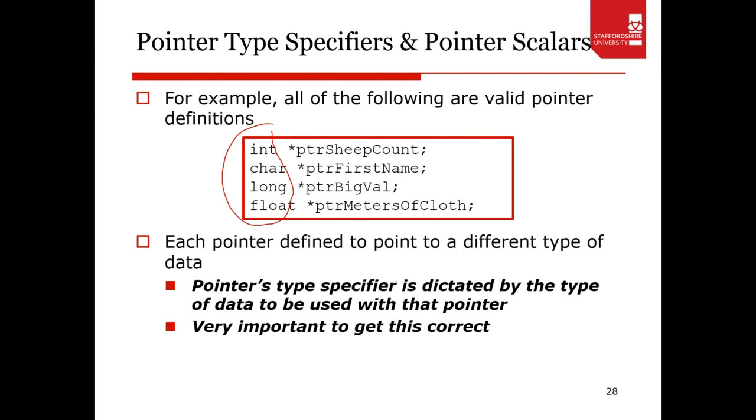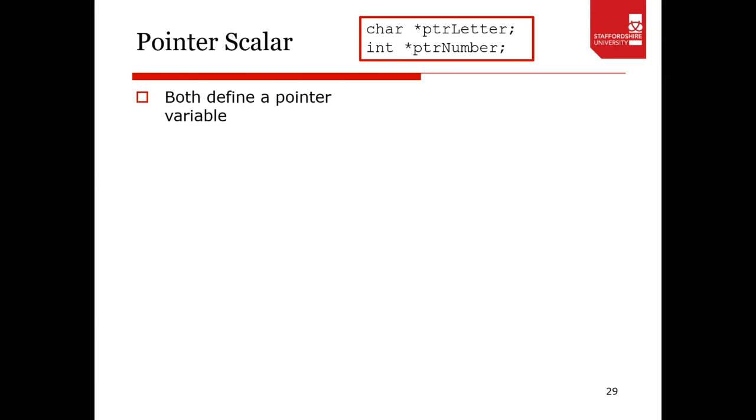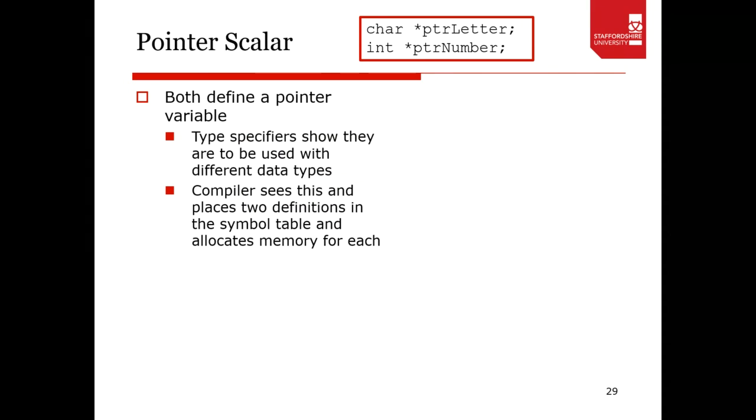So this is very important. So both of these define a pointer variable: char star pointer letter, int star or asterisk pointer number. So these show that they're to be used with different data types, and the compiler sees this and places 2 definitions in the symbol table and allocates the correct amount of memory for each.